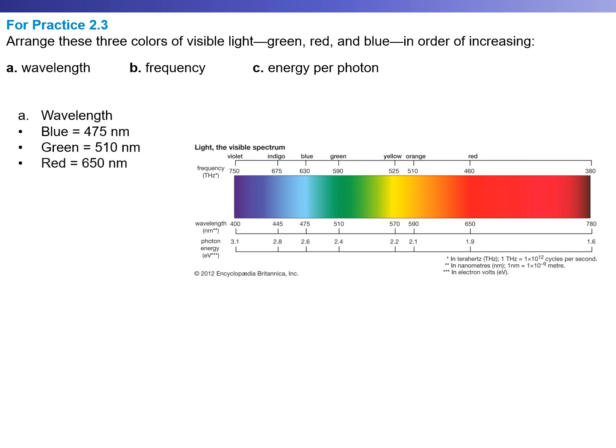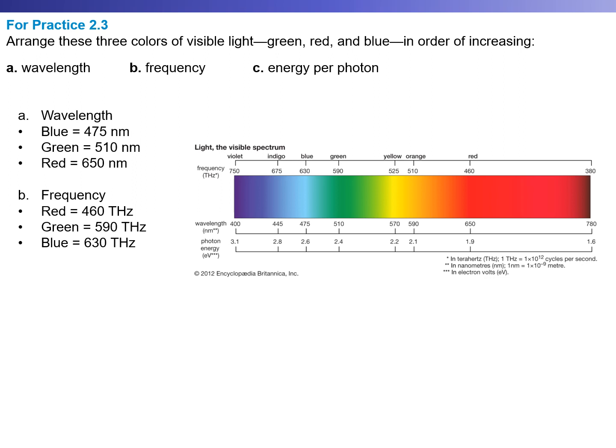Now, when we start looking at the frequency value, we might remember that the relationship between frequency and wavelength is inverse. So we would expect this order to be different for frequency, and we might even expect that red would come in at the bottom. And indeed, it has the lowest frequency, 460 terahertz, and then green comes in at 590, followed by blue with 630.